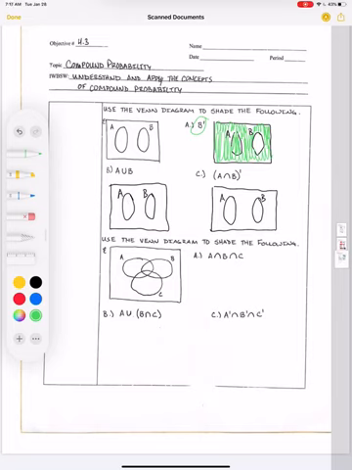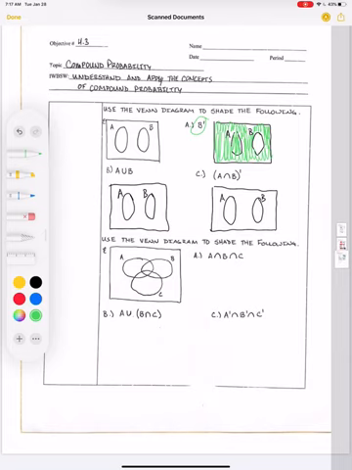Part B is going to be the union between A and B. So everywhere A and B intersect.